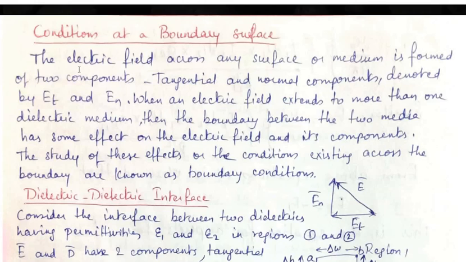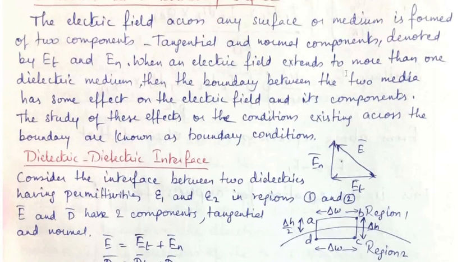One is the electric component, second one is the magnetic component. The electric component again has two more components. One is the tangential component, second one is the normal component. The tangential component we can denote as ET, and the normal component can be denoted as EN.